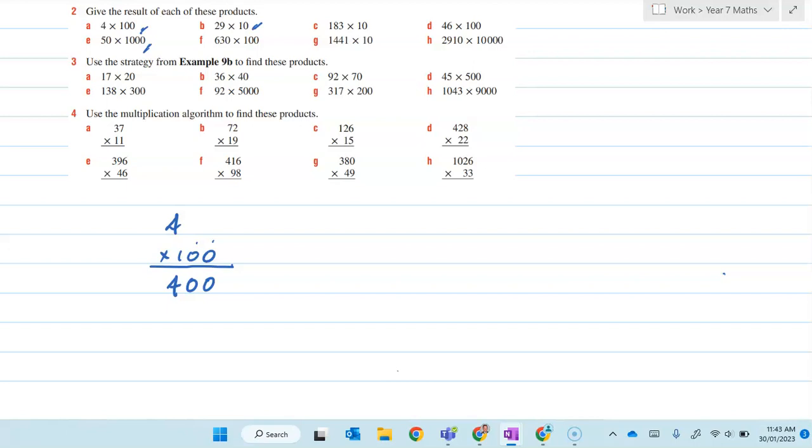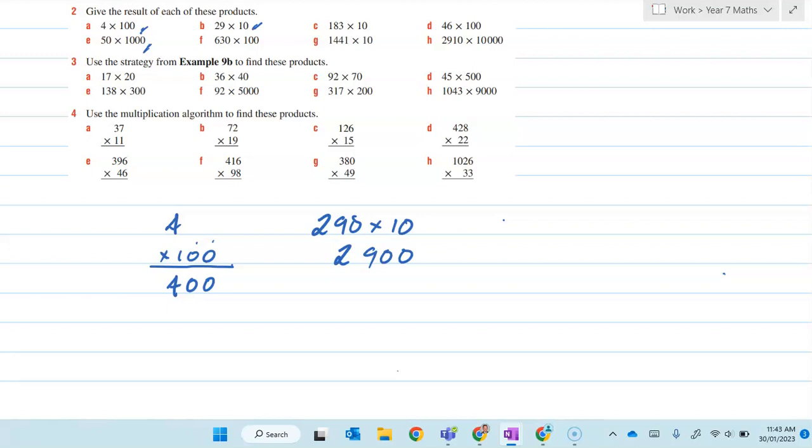So 290 times 10, right, we add a 0. Okay, so we just add a 0 and that becomes 2,900.